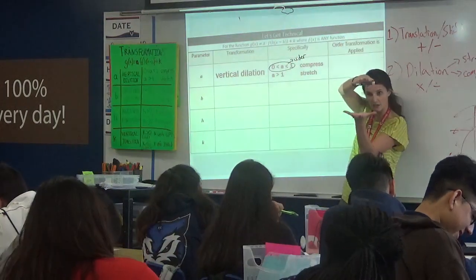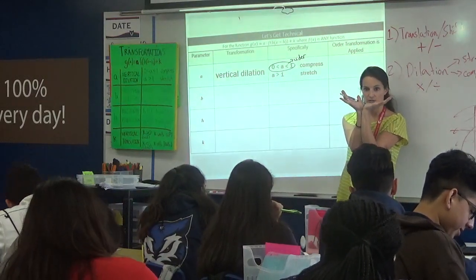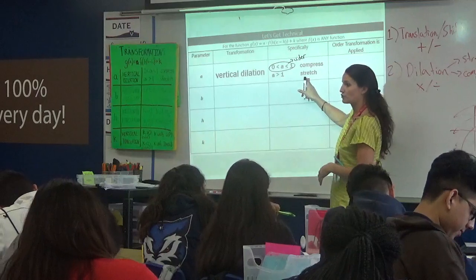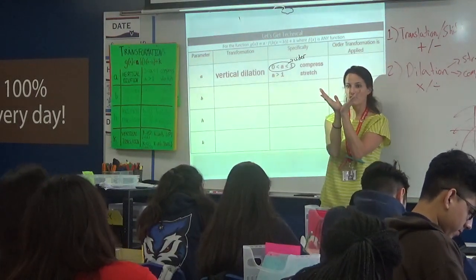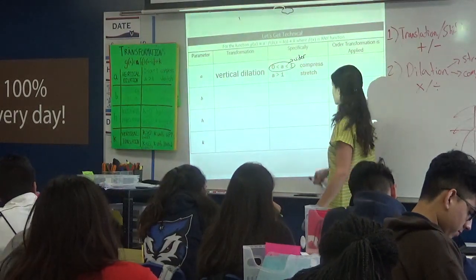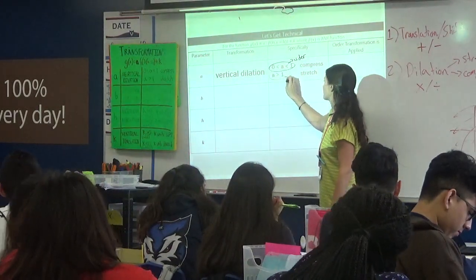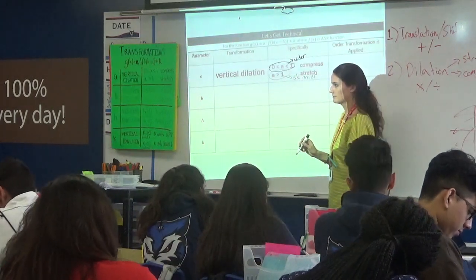If I vertically push my hands like this, it's going to become wider, right? If I stretch vertically, that's for numbers bigger than 1. If I've got my hands and vertically I stretch it, it's going to look skinnier.